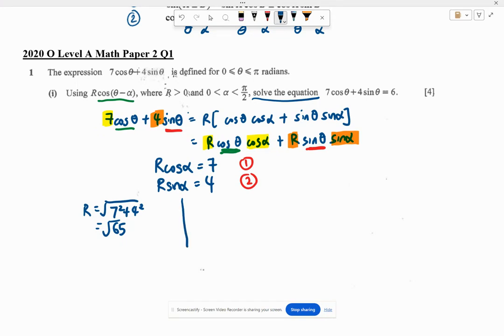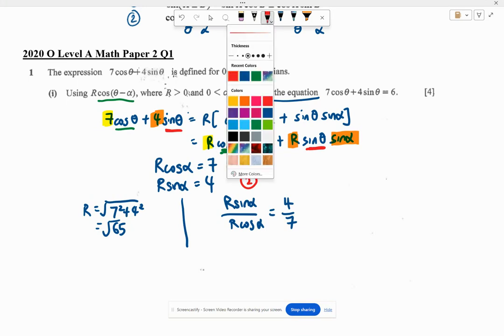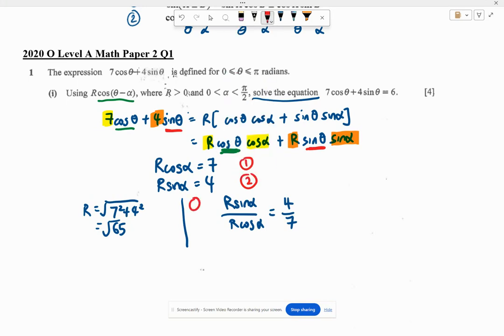Then I also have to find alpha. I have r sine alpha over r cos alpha equals to 4 over 7. Okay, so be very careful. Maybe write equation 2 over 1 will help you.